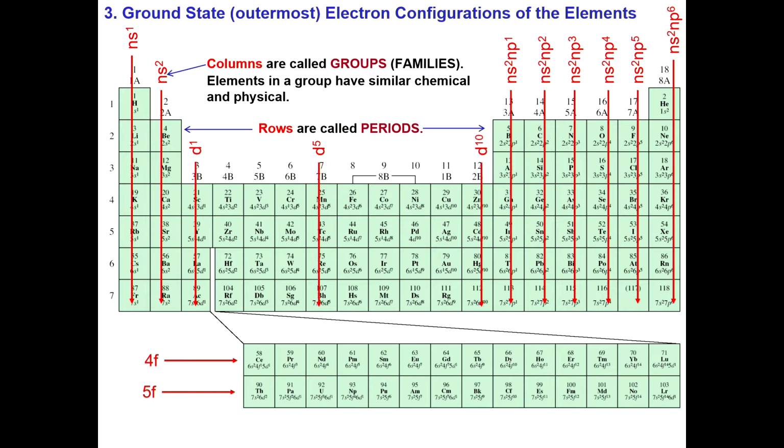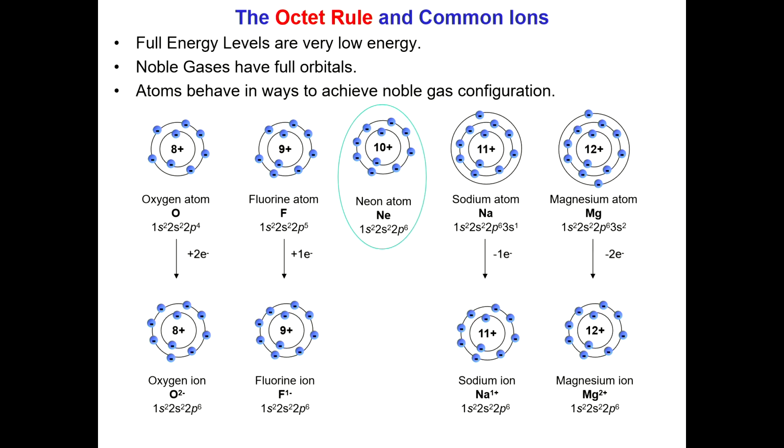It's also called full octet. So here is about the octet rule. Octet means the full energy levels are very low energy. If the atoms have low energy, this means these atoms are stable.